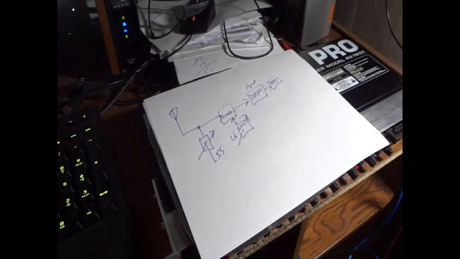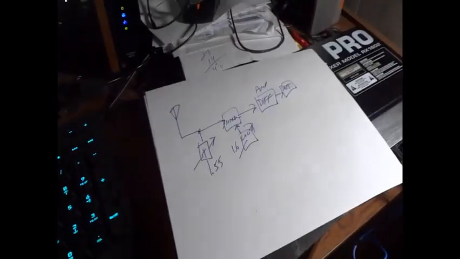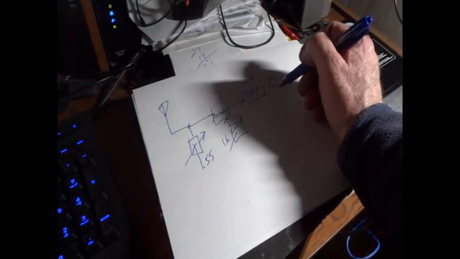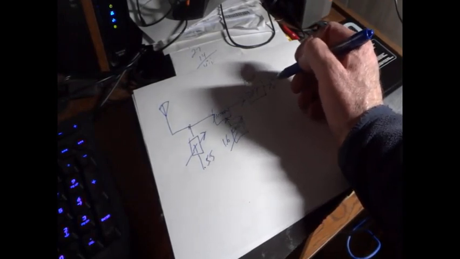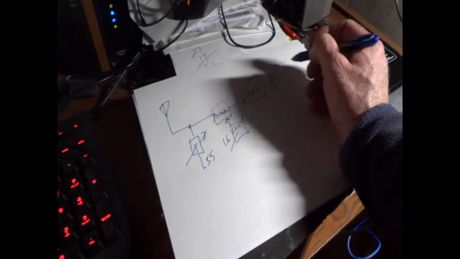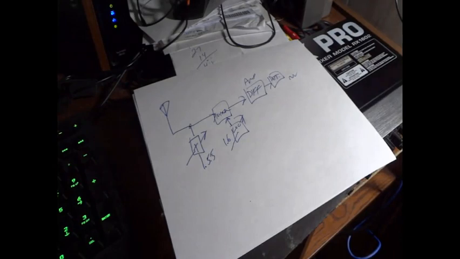Just put a DET there, which stands for RF detector. Let me move this camera a little better. The detector actually strips the radio energy wave off, and what's left is just the audio that's riding on top of the wave, kind of like piggyback.